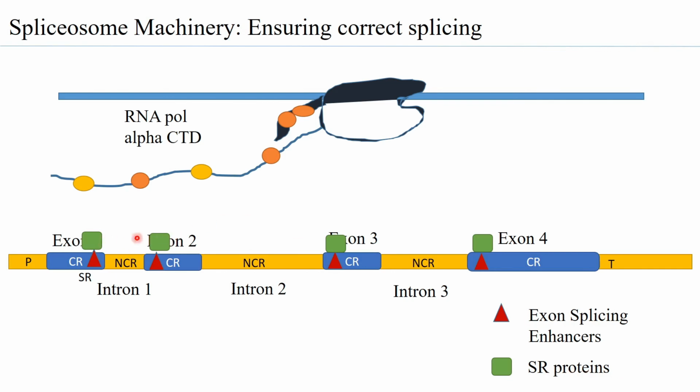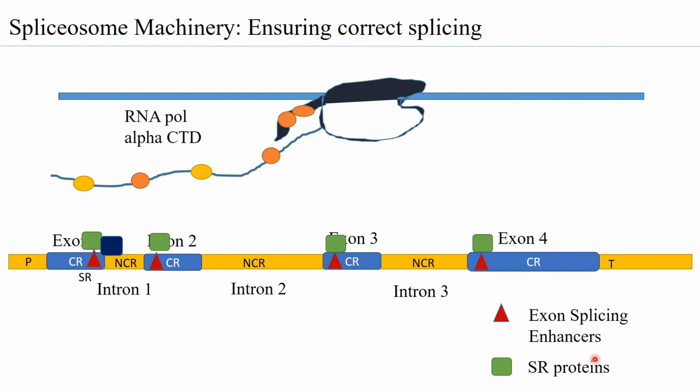When these SR proteins bind to the ESE, they are able to position the spliceosome molecules close by. So when you have exon 1, and within exon 1 the ESE present over here binds to the SR, the SR positions the U1 snRNP right at the 5' splice site.